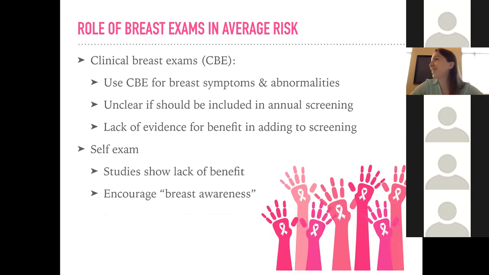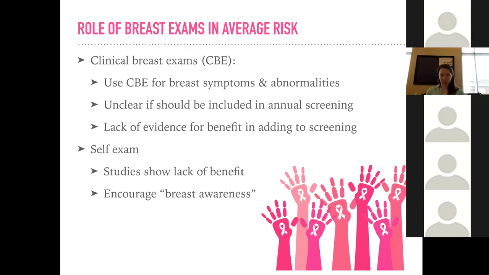I just want to make a couple points about this. One, Tessa's specifically talking about women who are average risk. So if you have a patient who is asking about a breast exam and has a first-degree relative with breast cancer, she's probably not part of this group that we're talking about.